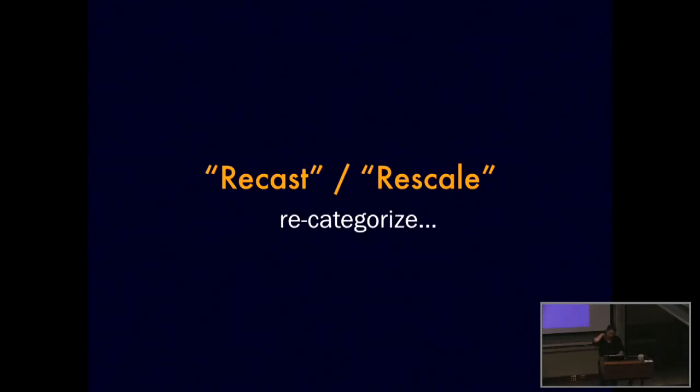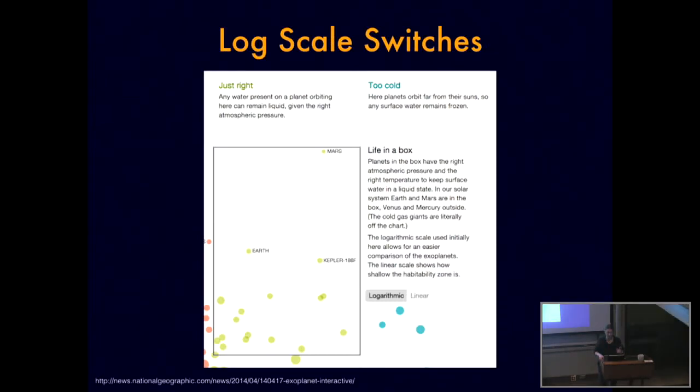Okay, since I just mentioned rescaling, one of the things I wanted to talk about is a little distinct from scaling or sorting and filtering, but it's related. Some of the cooler interactive visualization examples let you look at the data in a different way. The simplest example is something like a log scale switch.